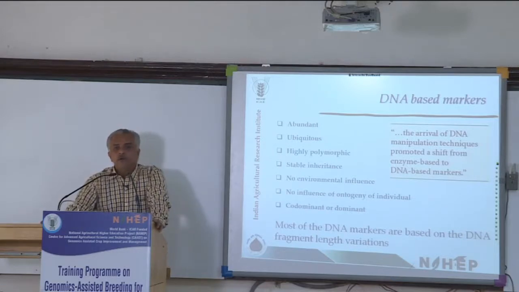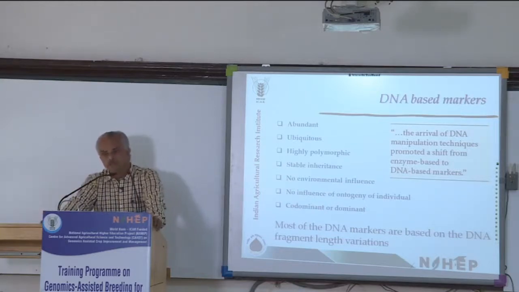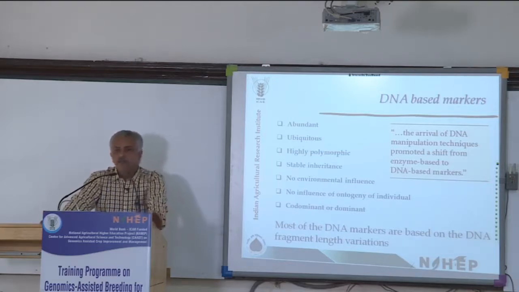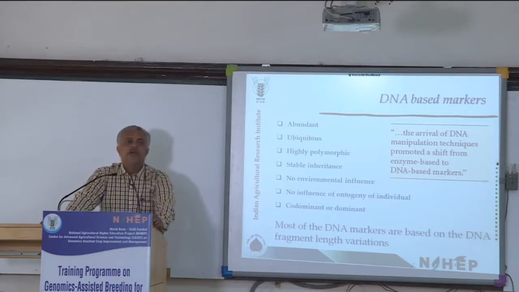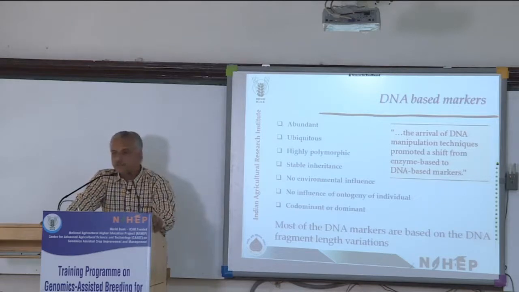Now you have two parents, okay, two individuals, which are phenotypically diverse. Because if you have the same type of individual, you will not be able to identify differences between them, right?